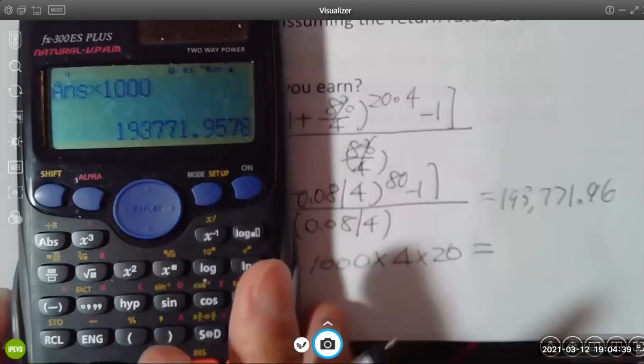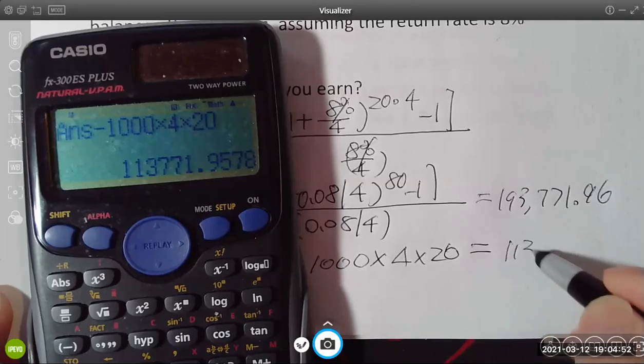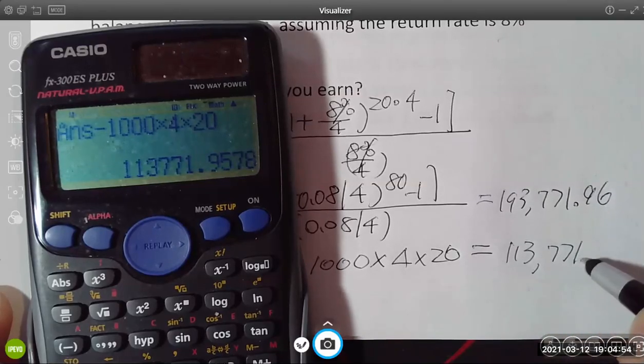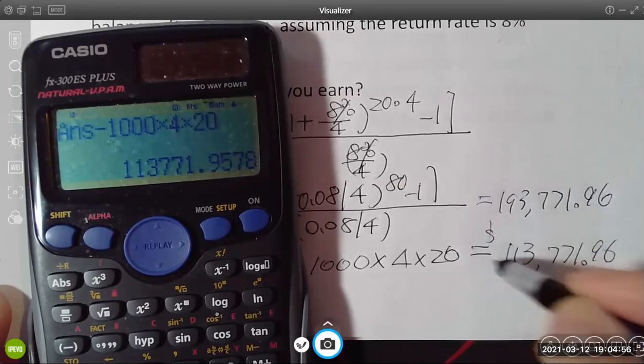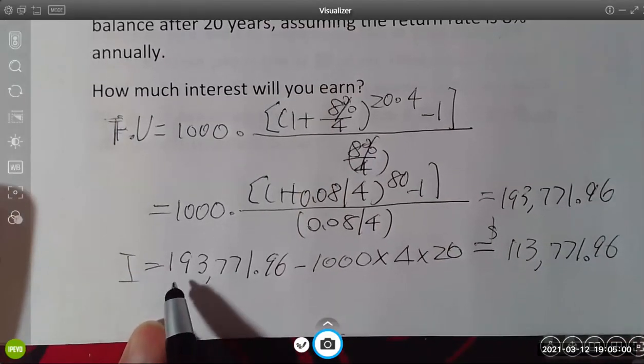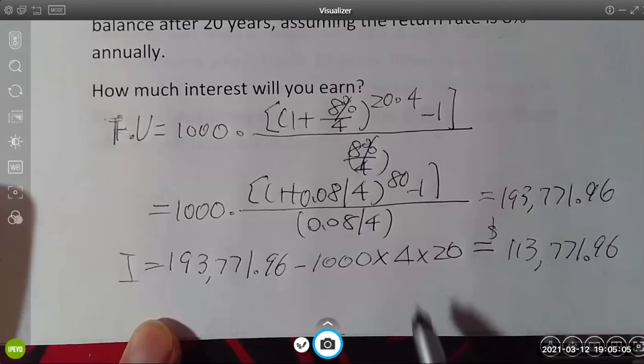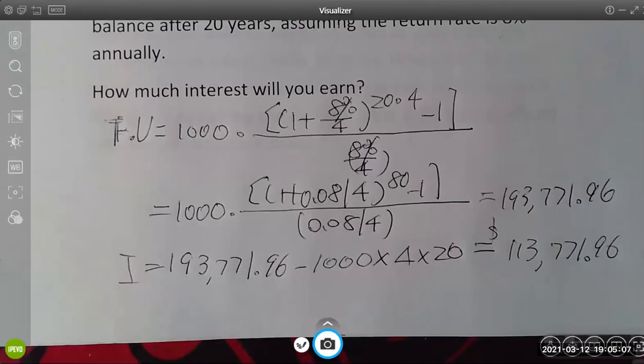This total account value minus 1,000 times 4, that's 1 year, times 20, that's for 20 years. So we get 113K, 771.96 cents. You can see the total account value is 193K. Your interest is 113K. That means your interest is more than your deposit for sure in this case.